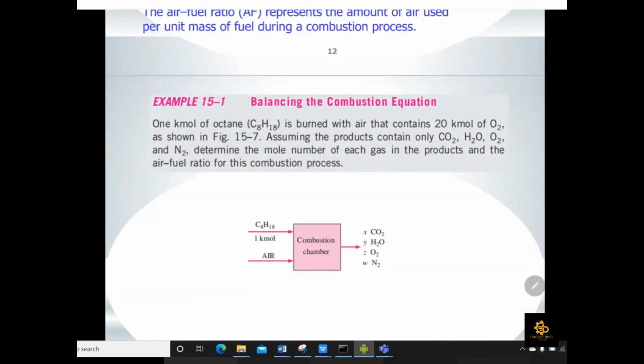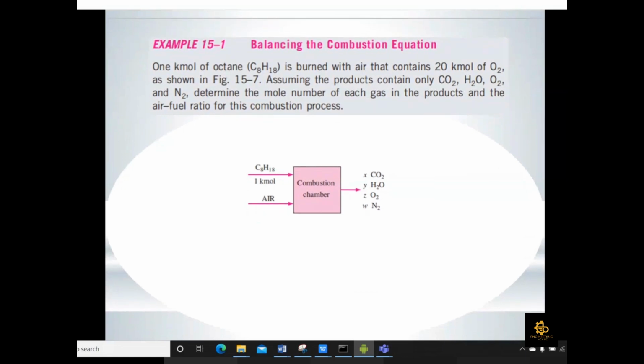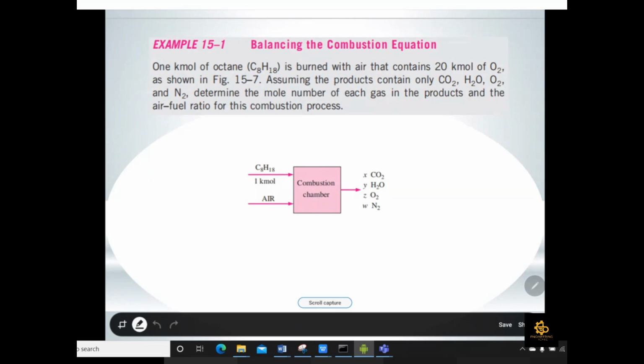Now coming towards one question, which is example 15-1 from your book. You have to read the statement, then you will see how to solve this. Here it is mentioned: 1 kilomole of octane, C8H18, is burned with air that contains 20 kilomole of O2.